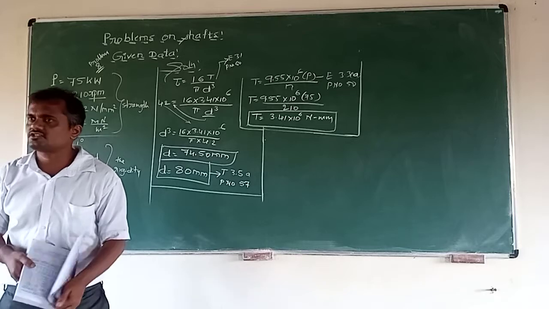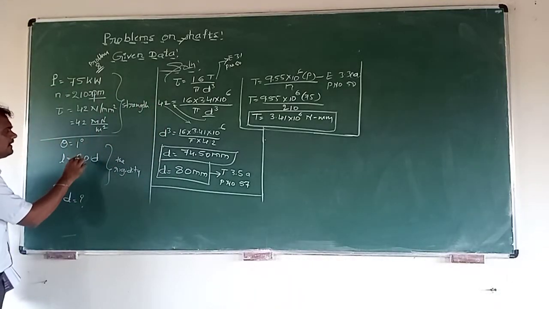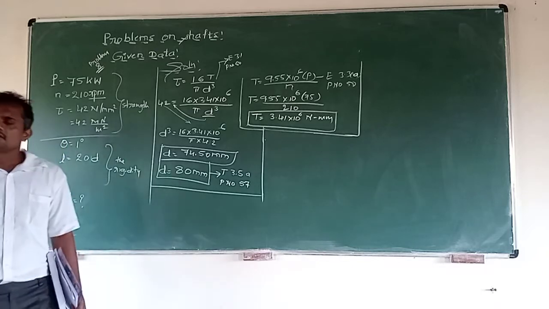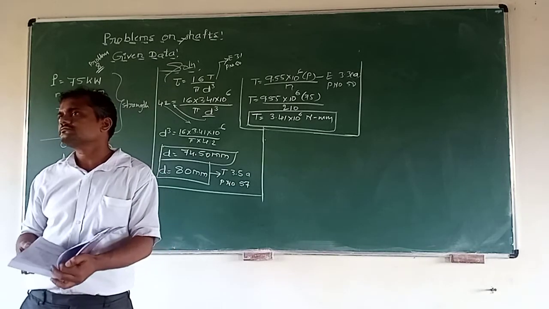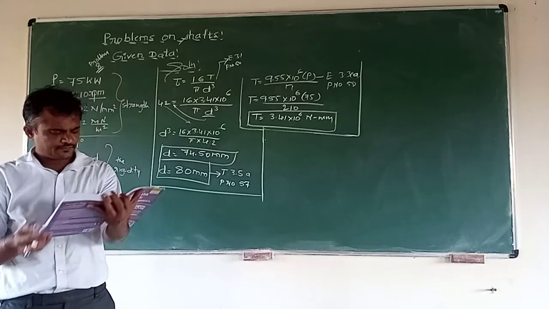Now we will have to concentrate on the rigidity criterion, that is theta and length are given. With the help of these we can also determine the value of diameter. So what is the equation we can use?